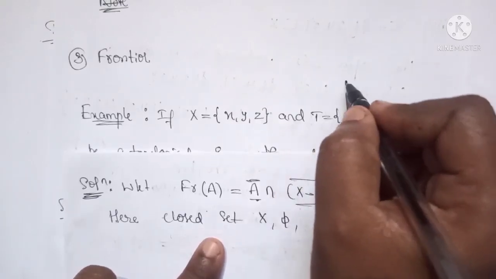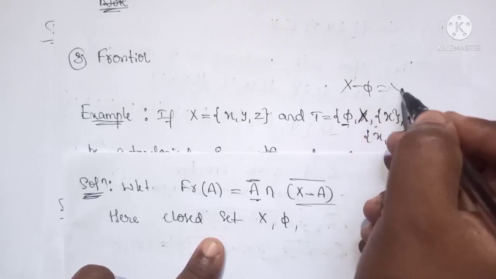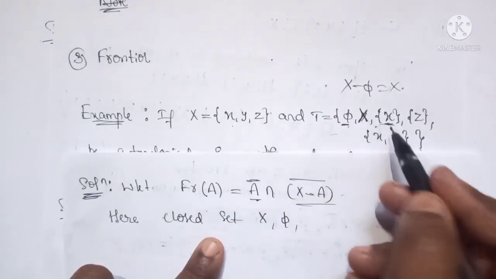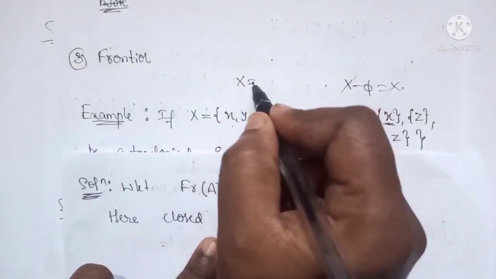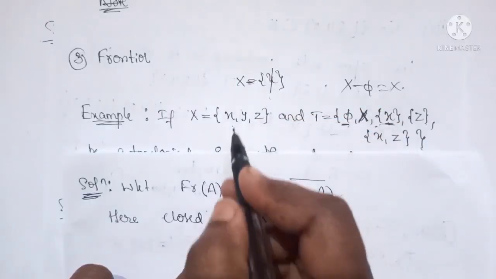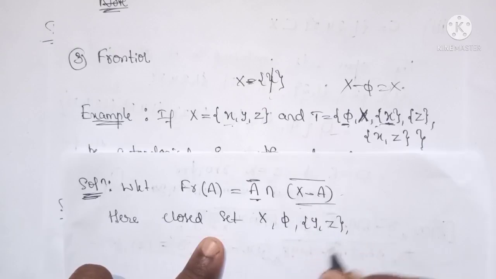Complement means we take X minus that set. X minus phi is X only. Now X minus X means if you remove the elements of X from this set, we will get {y, z}.